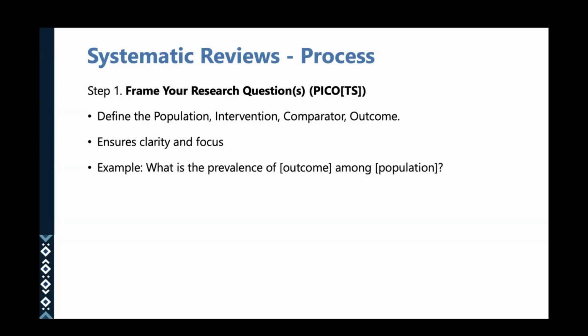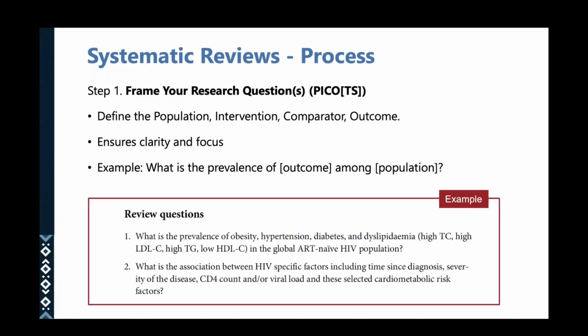For example, if you're doing a systematic review that is interested in determining the prevalence, you'll just be interested in the P and O components of PICO. So something like, what is the prevalence of maybe hypertension among middle-aged adults in Boya? And so I'll give the example that we used in our paper, and these are direct screenshots from our paper.